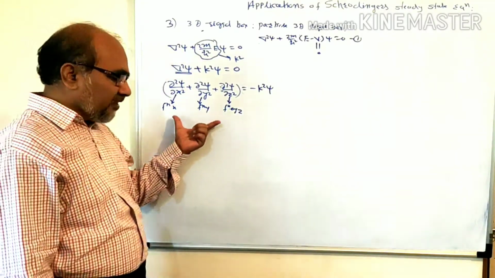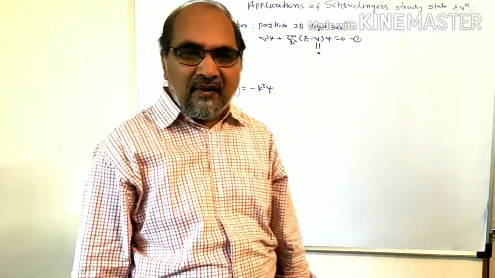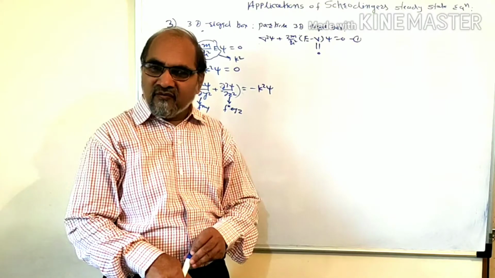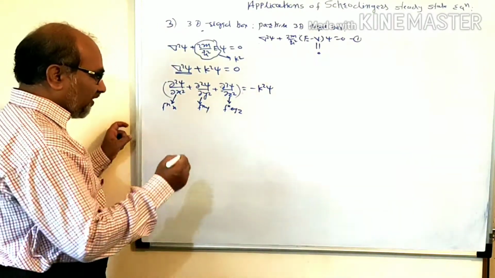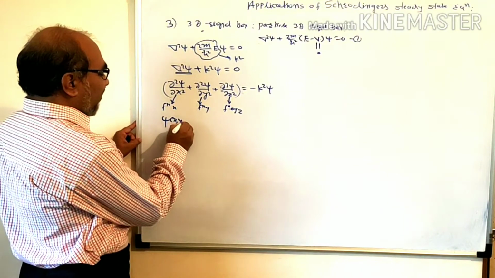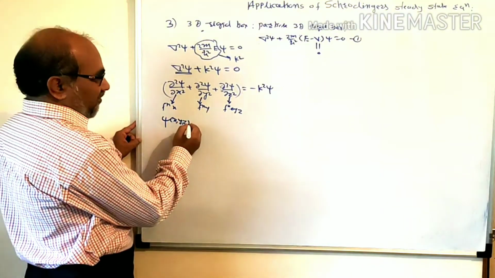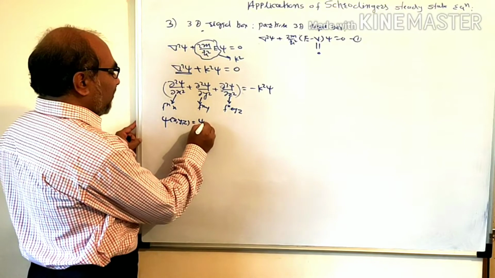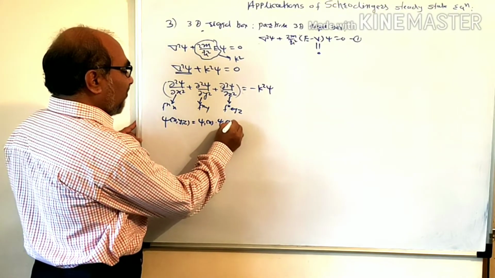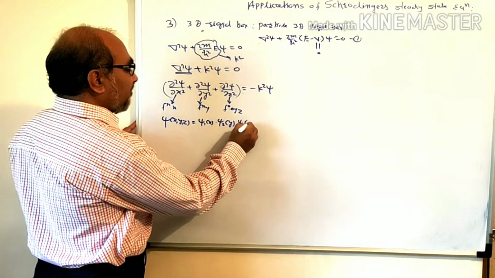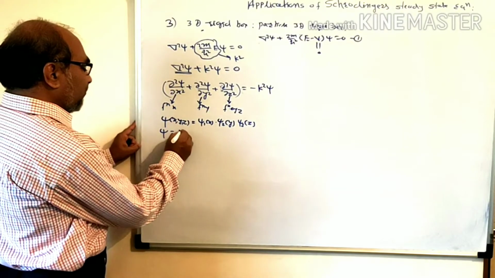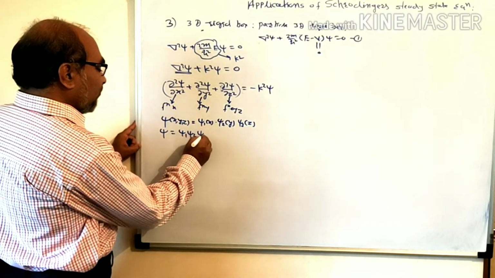This expression can be solved by the separation of variables method that we already know. For that we consider the total psi of x, y, z to be psi 1 of x into psi 2 of y into psi 3 of z, and therefore psi is equal to psi 1 psi 2 psi 3.